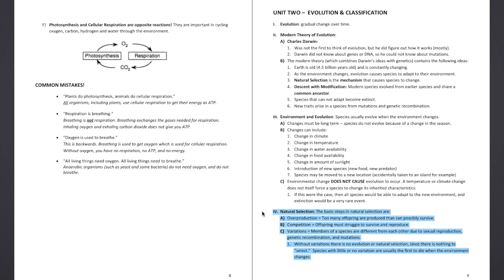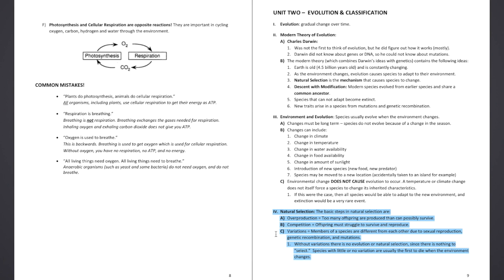4. Natural selection. The basic steps in natural selection are A. Overproduction. Too many offspring are produced that can possibly survive. B. Competition. Offspring must struggle to survive and reproduce. C. Variations.